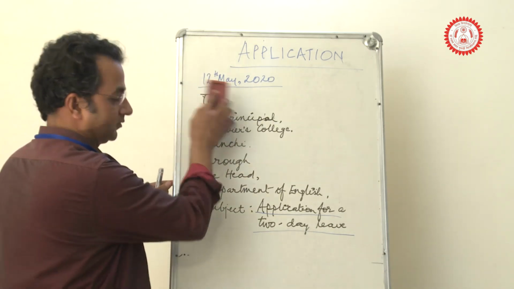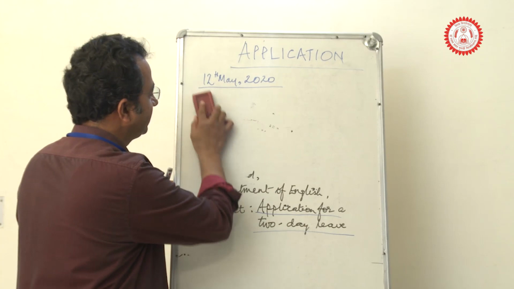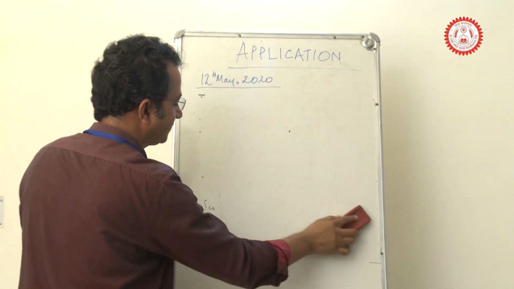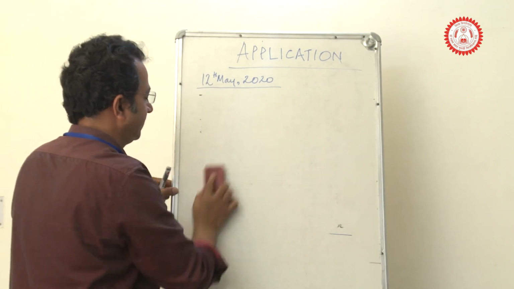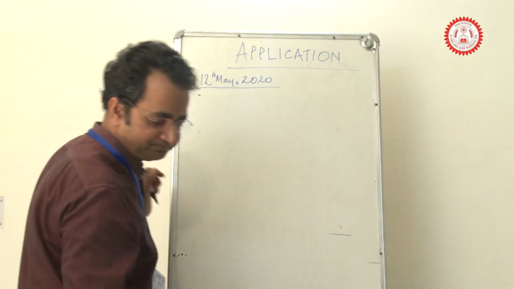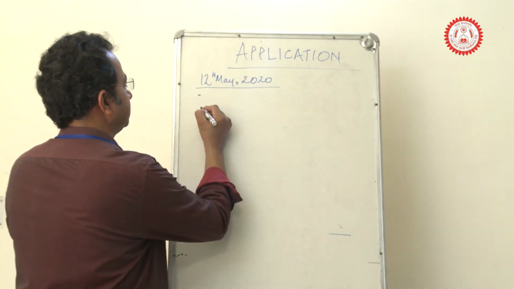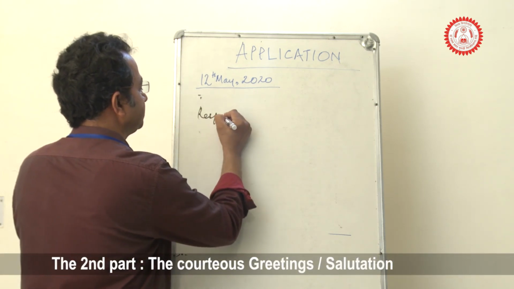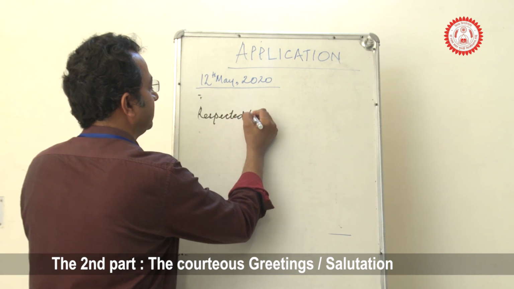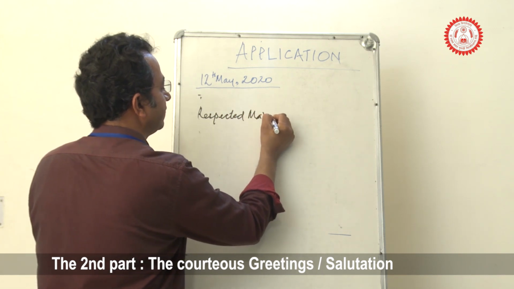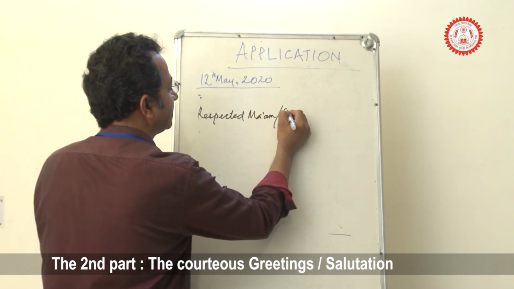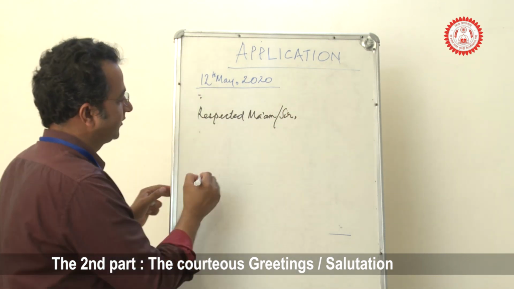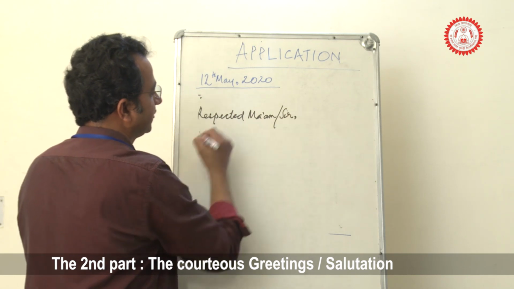Now, having said this, I would like to come to the body. This is called the salutation part or the first part of the application. And then come, respected ma'am, or you can write sir, and a comma once again.